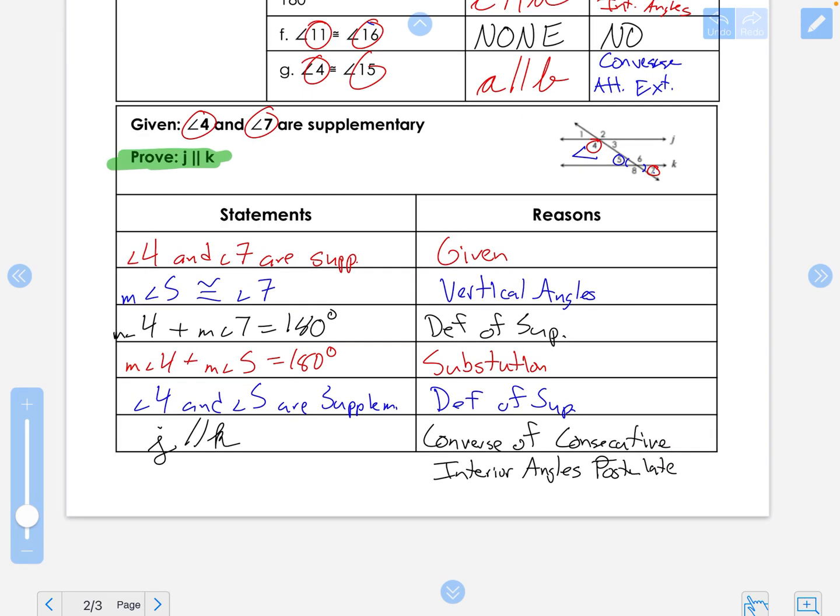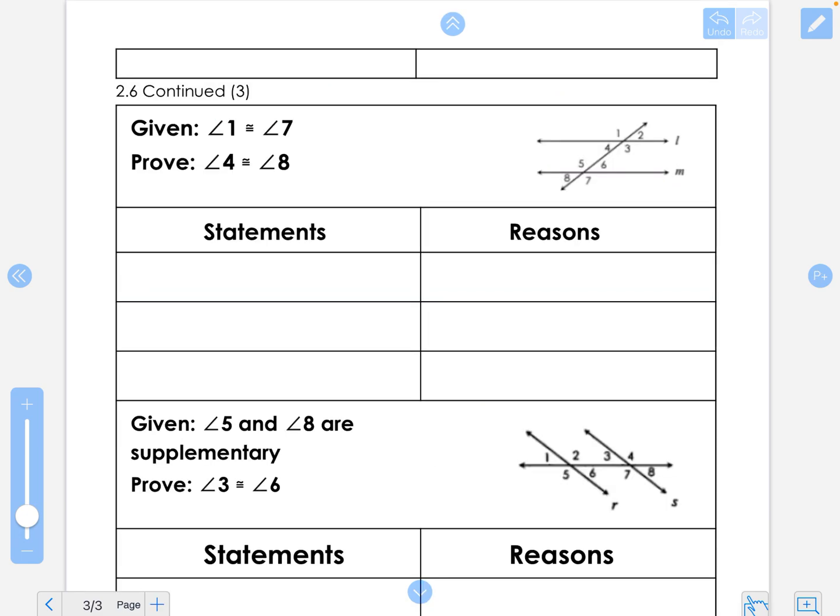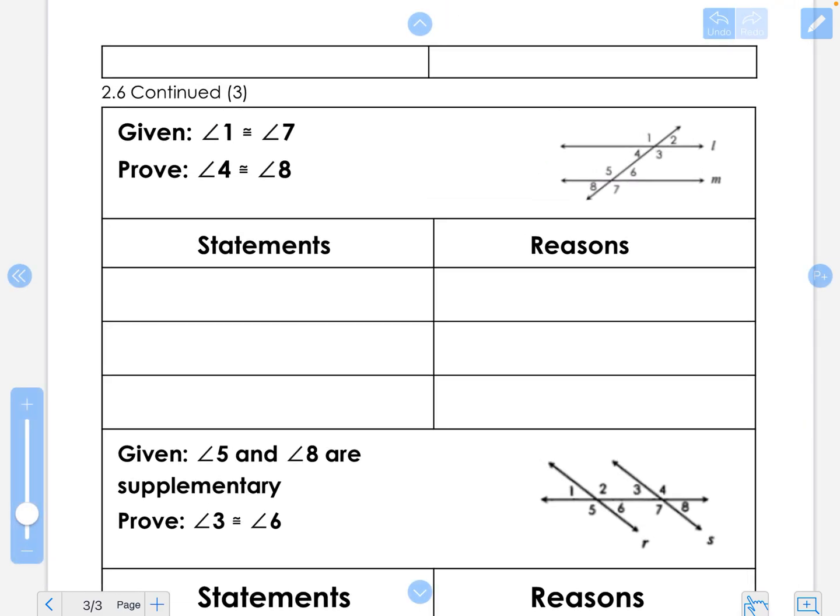Again, once I know they're supplementary, I have to prove that supplementary equals 180. Once I know that, and I know that 5 and 7 are congruent, then I can substitute 5 in for 7, and then I can again use my converse of the consecutive angles postulate. So now let's look at a couple more here.